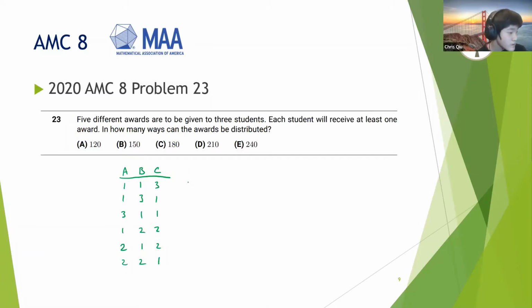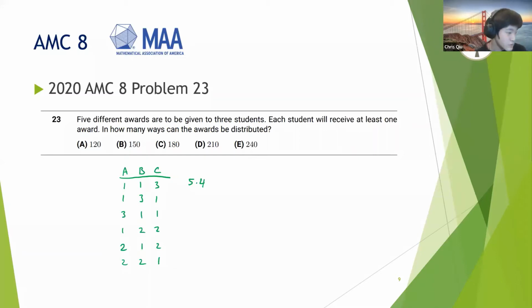So the number of ways we can count this is we can first give an award to A, and there are 5 possibilities for which award we give to A. And then A's gotten its award, and then B gets the award in 4 ways, since there are 4 awards remaining. And then once we have given A and B their awards, the 3 remaining awards just go to C.